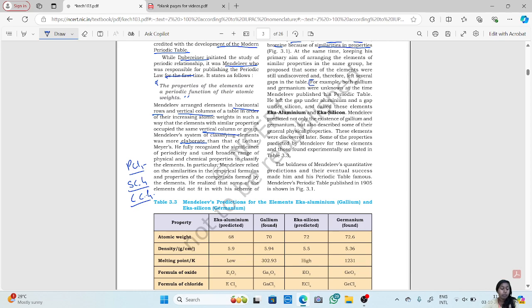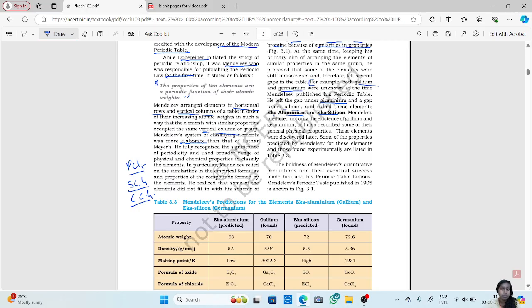Before Mendeleev published his periodic table, he left a gap under aluminium and silicon, and at that gap he wrote eka aluminium and eka silicon.